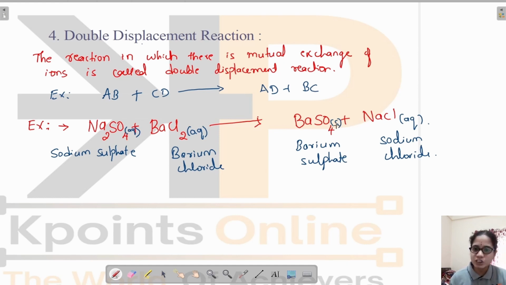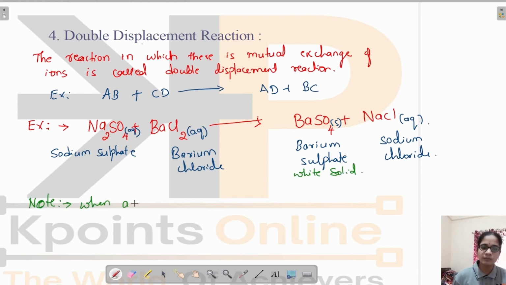See here, a solid precipitate is formed. Whenever an insoluble substance is formed in a reaction mixture, we call it a precipitate, and the reaction is called a precipitation reaction. Here it is a white solid.